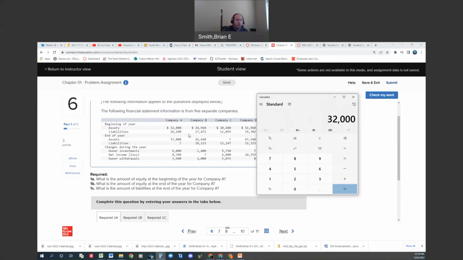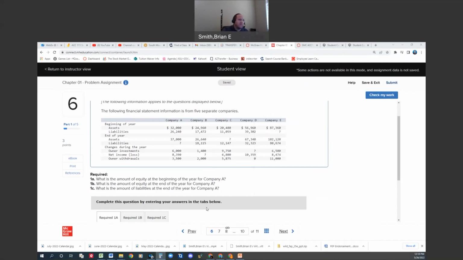Whatever's left over from this is going to be what our equity is. So we're going to take our 32,000 in assets, subtract out our 26,240, and our beginning year equity, even though it's not listed, we can mathematically calculate it as 5,760.